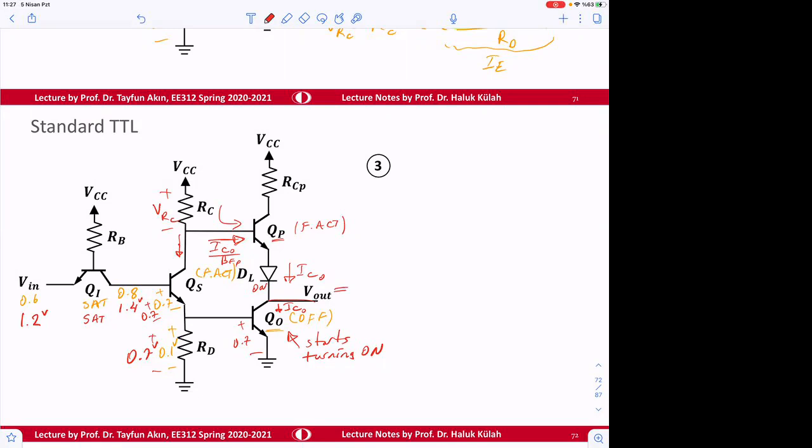For this case, Vout is still VCC minus VRC minus 0.7 volt minus 0.7 volt. So this VRC increase rate gets larger.